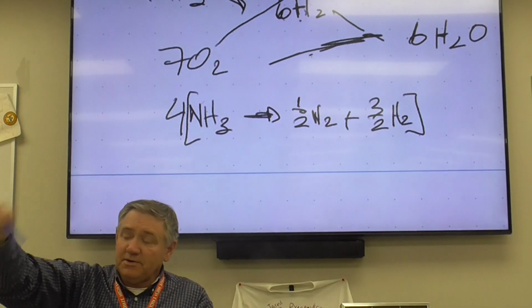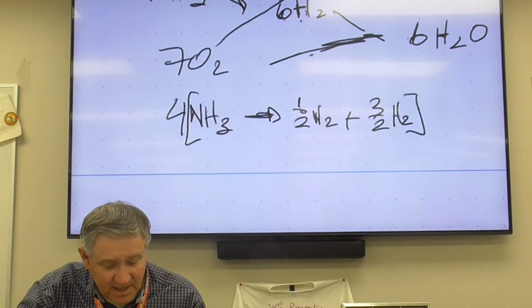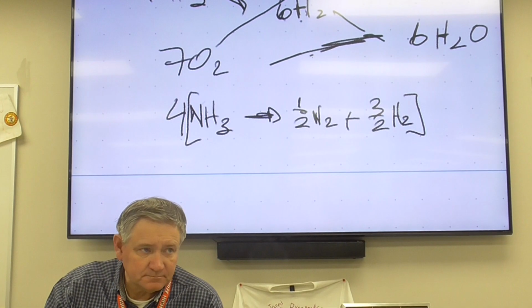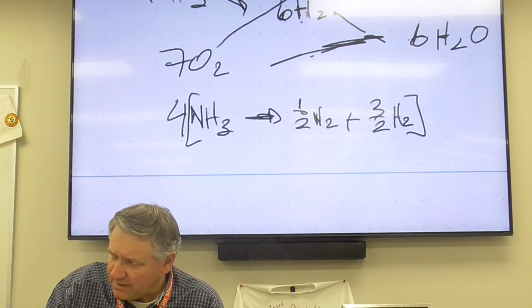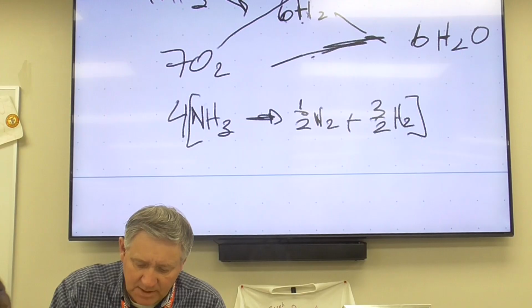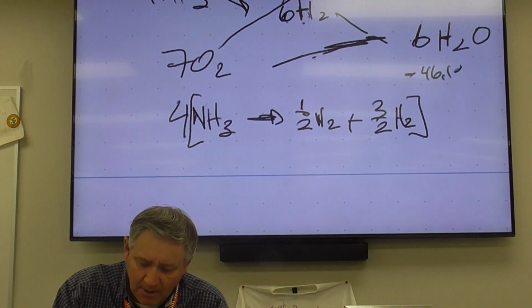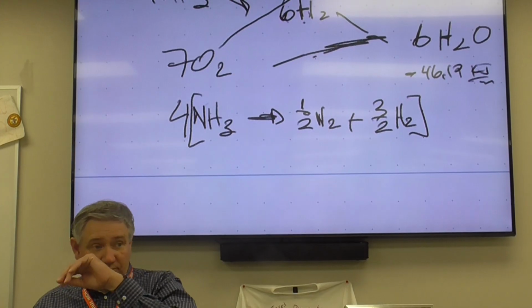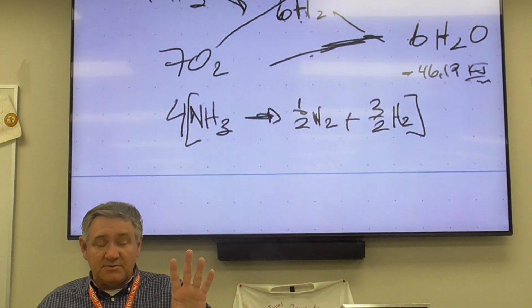So look in your book, find the delta H for the formation of ammonia. It's something around 50, I think. Negative 46.19 kilojoules per mole. Yeah, that's what it is. Got to know where this comes from.